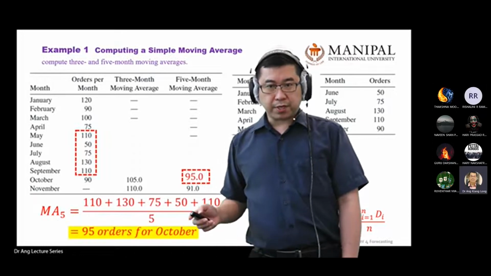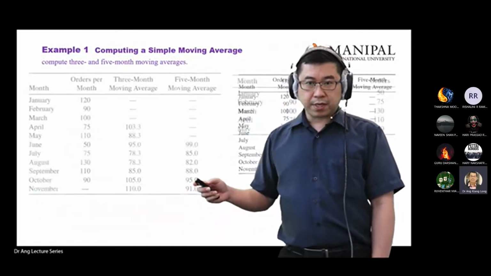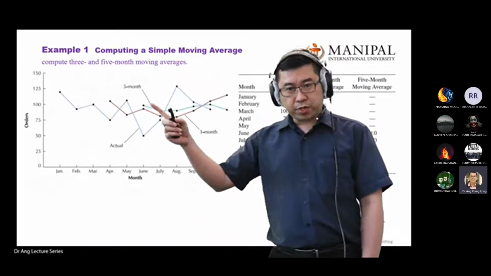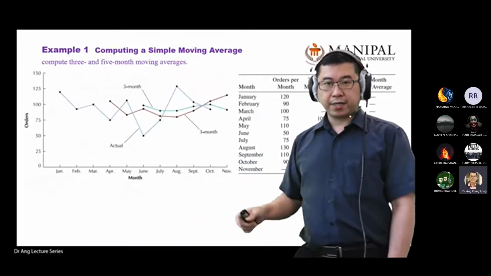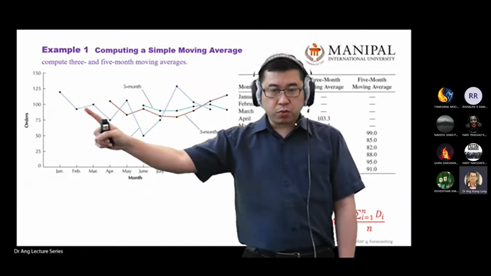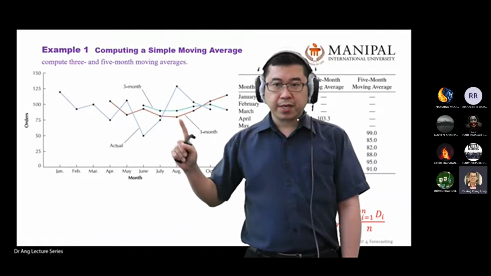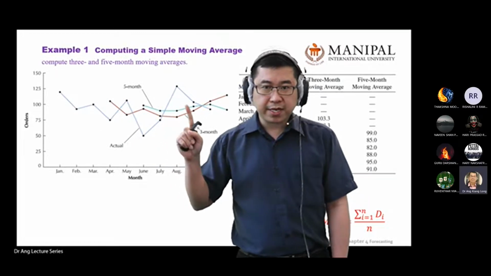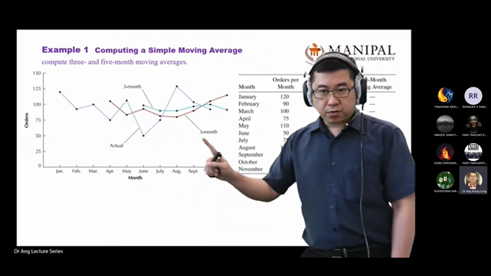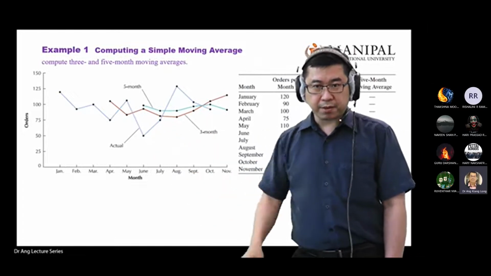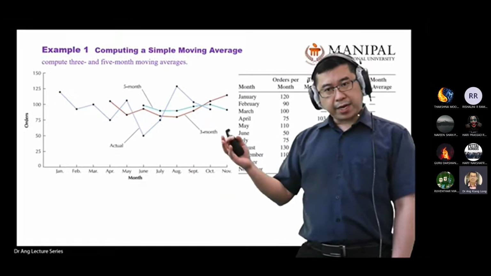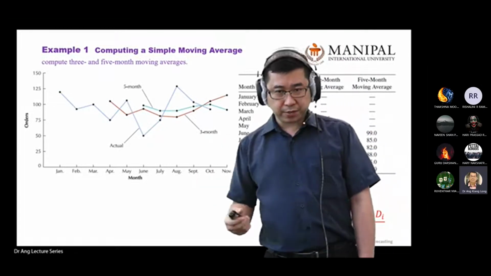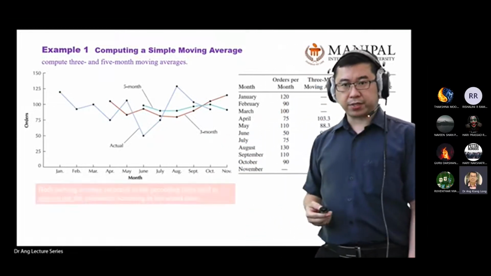I even gave you the reference answer, and we also discussed the chart. Blue is the raw data, and the red line and the sky blue line are the 3 months and 5 months moving average. Each one has its own advantages and disadvantages.